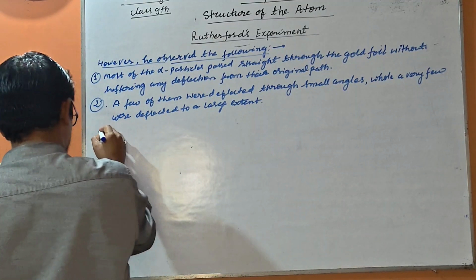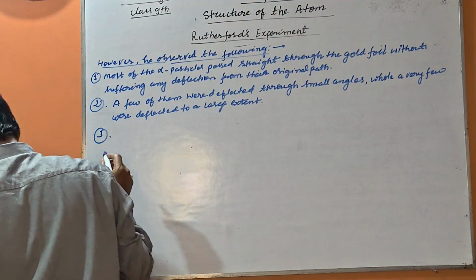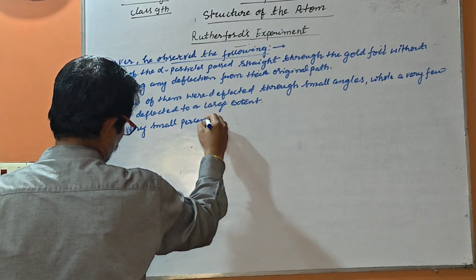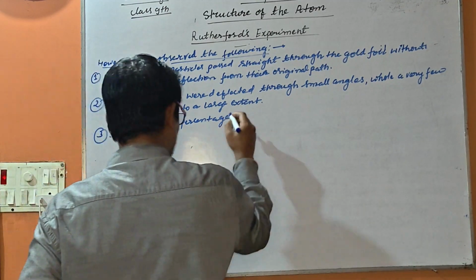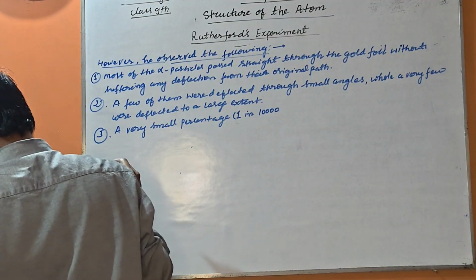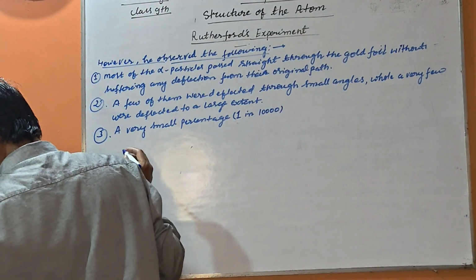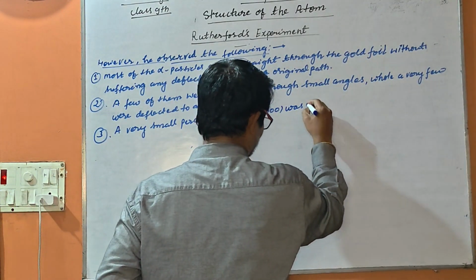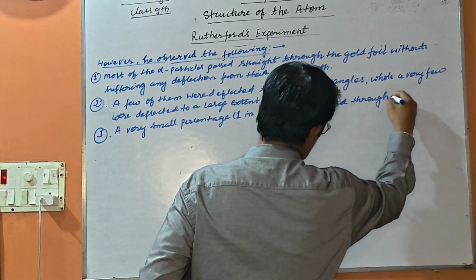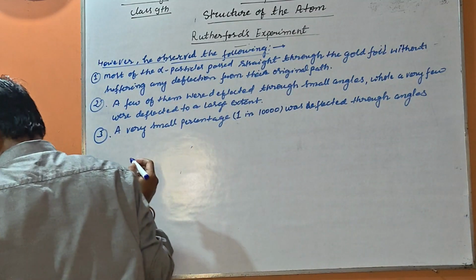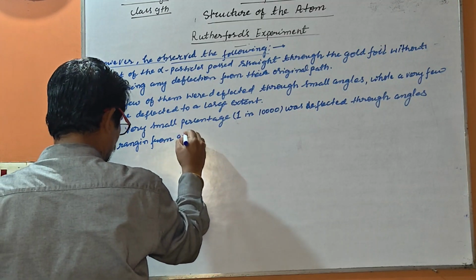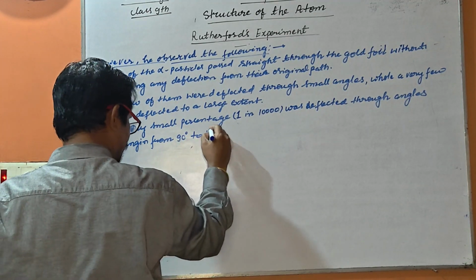The last observation: a very small percentage, 1 in 10,000, 1 in a lakh, was deflected through angles ranging from 90 degrees to 180 degrees.